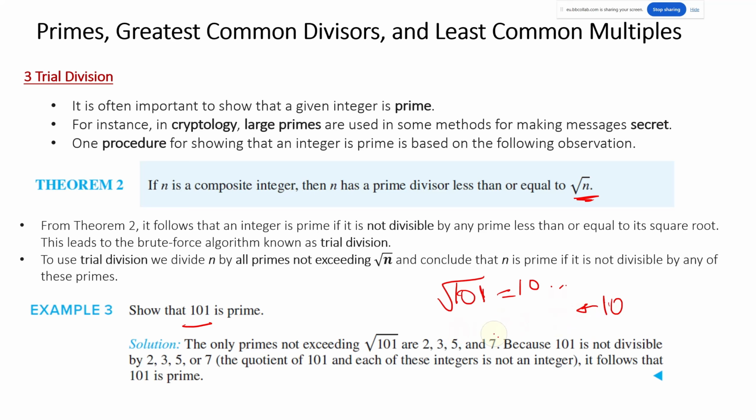The only primes not exceeding the square root of 101 are 2, 3, 5, and 7, because 101 divided by each of these is not an integer. It follows that 101 is prime. So I'm using this theorem to find out that I just need to use a small number of primes to test whether a number is prime or not.